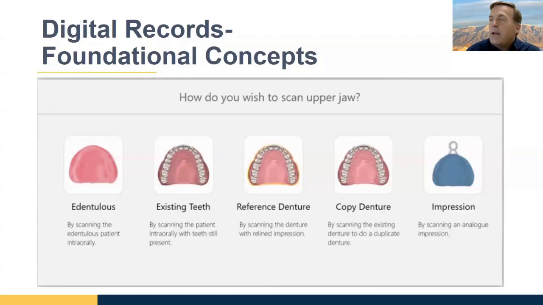If you're thinking about a scanner, you might want to look for ones that have a dedicated reference denture or denture workflow built into them, because with some of the newer systems, they actually have tuned up their AI so that it's looking for tissue and it'll get you a better result on tissue. For some of the other systems, you have to figure out a way to turn off the AI trimming so you can get those edentulous scans.